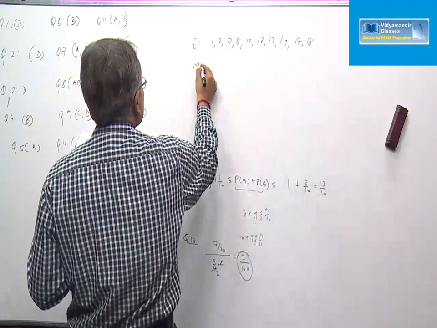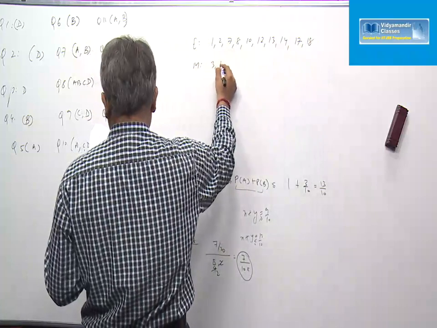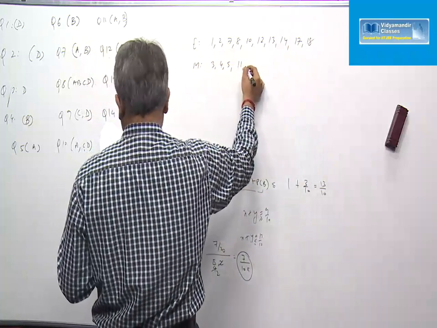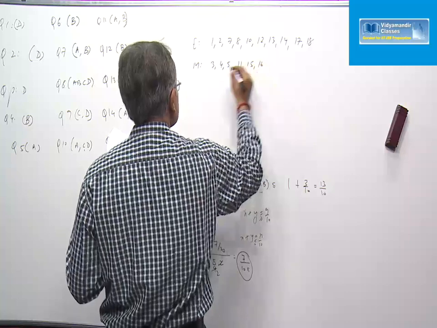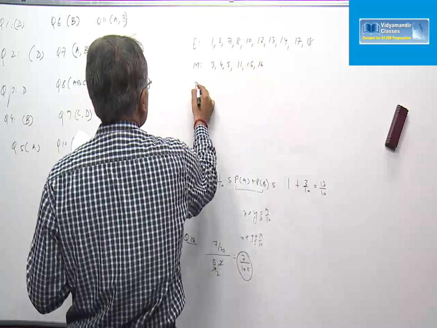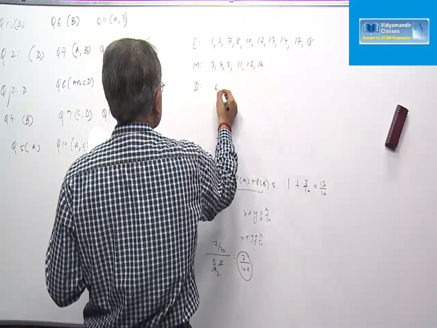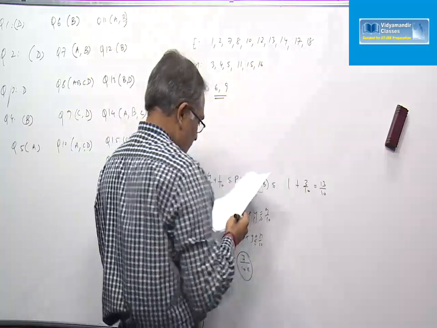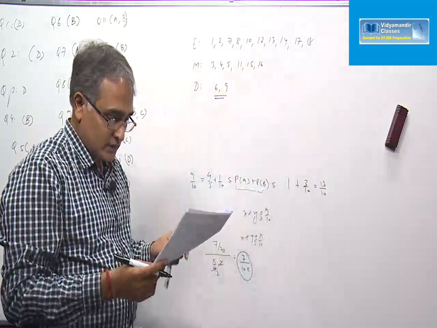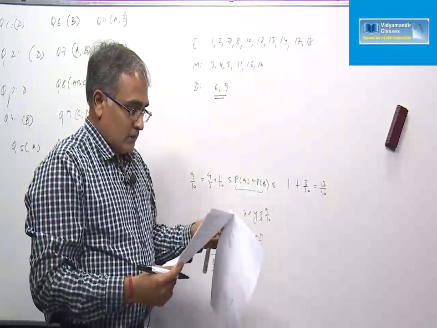And moderate ones are 3, 4, 5, 11, 15, 16, and difficult ones are 6 and 9, which involve calculation. Thank you.